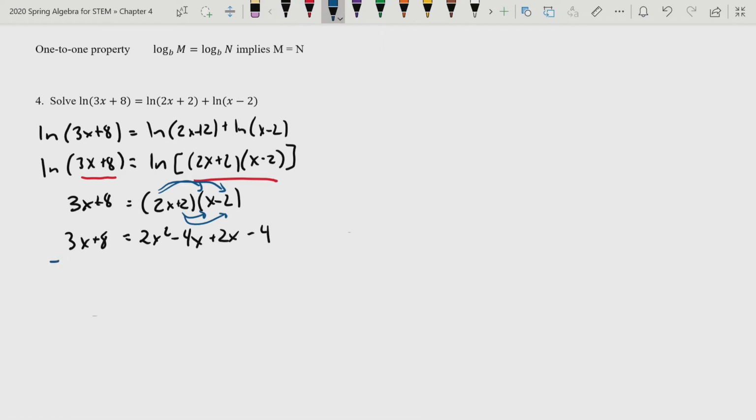Here I'm going to subtract this 3x, subtract this 8 from both sides, so I can get a 0 on one side. That's how we solve quadratics. Now I have 2x squared. I have negative 4x plus 2x, that's negative 2x. Minus 3x, that's negative 5x. Negative 4 minus 8 is negative 12.